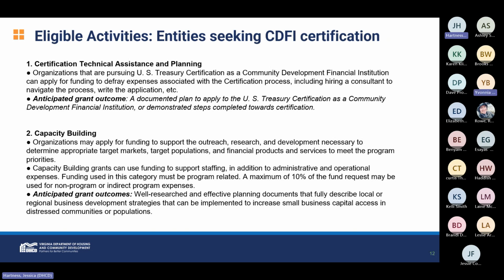Only 10% of the total fund request can be used for non-program or indirect program expenses. So we're looking to have most of the capacity building request dollars going towards activities that directly support whatever program you are applying for. And some anticipated grant outcomes under this category might be a well-researched or effective planning document that fully describes the local or regional business development strategy to increase small business capital access in a distressed community or population.